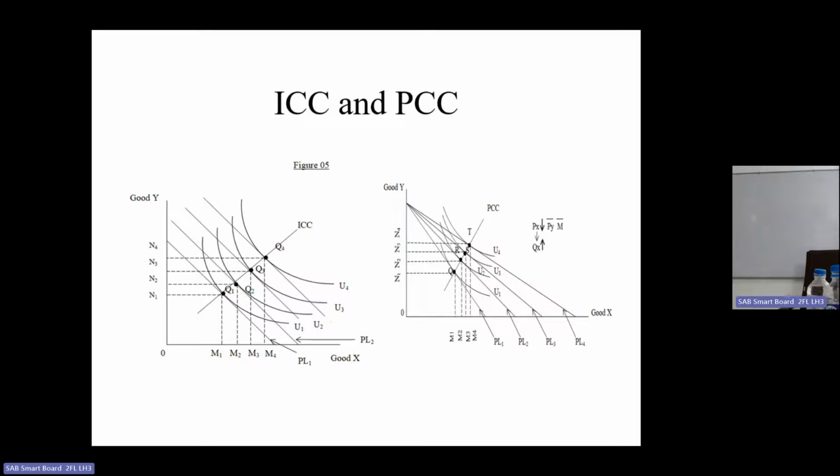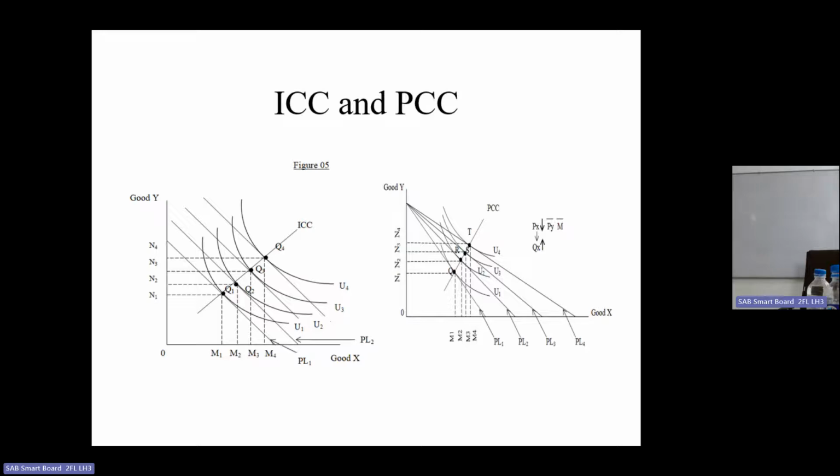So the prices, what happened? Why does the budget line rotate from the x-axis? Because the price of the product shifts, rotating to the right, right? Because the price of product X decreases, we can assume the price decreases from PL1, PL2, PL3, like that.